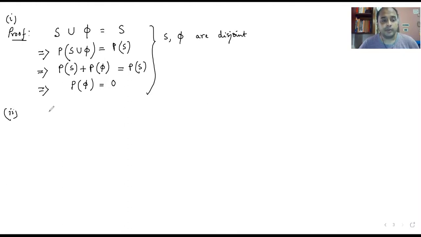Number 2, capital A is the event which happens. A bar is the event which cannot happen. You know that both of them are mutually exclusive.